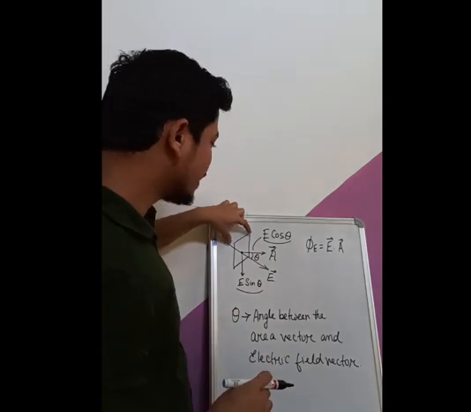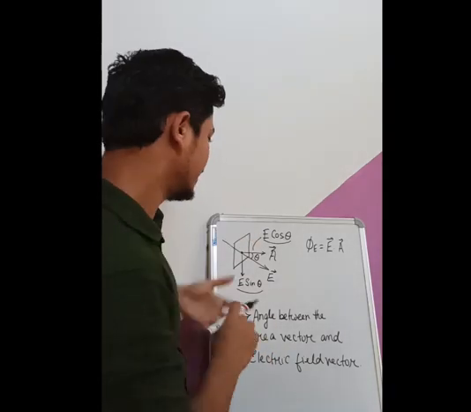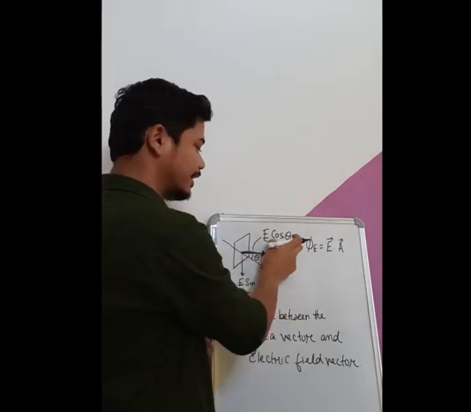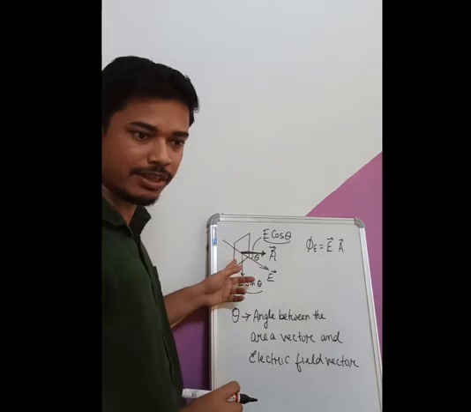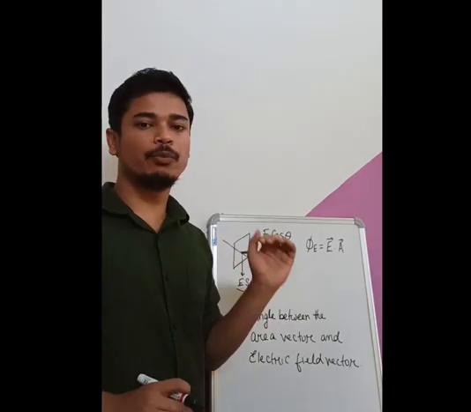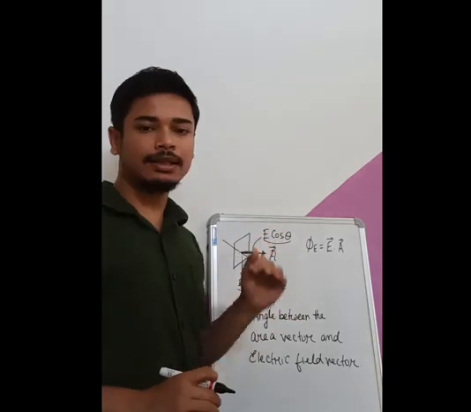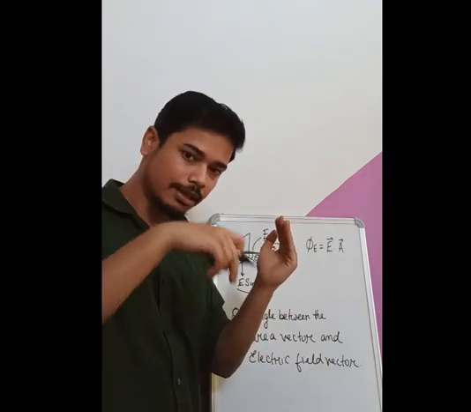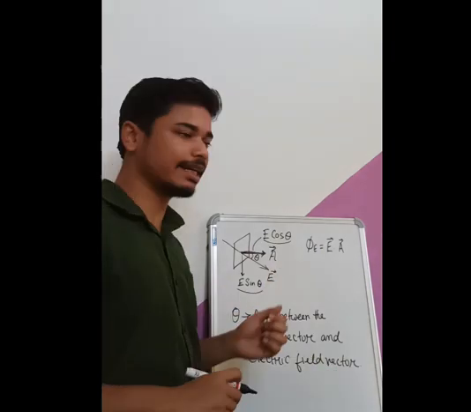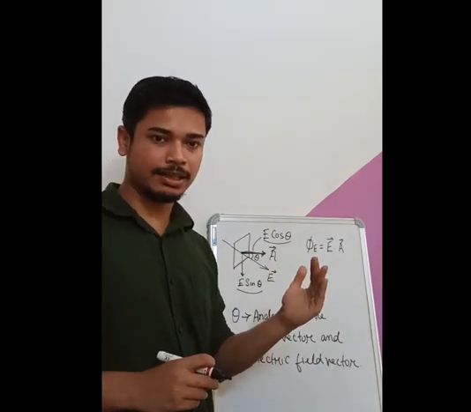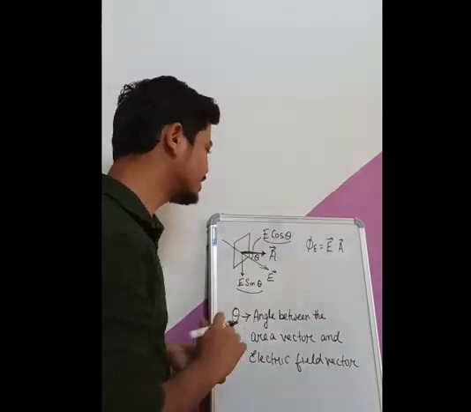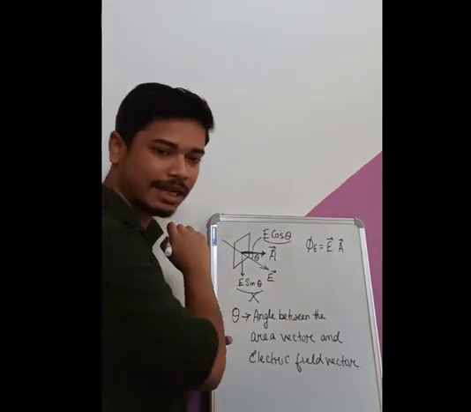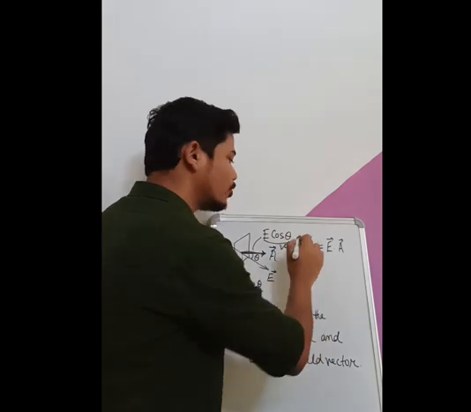Only this component of the electric field is perpendicular to the surface, because in electric flux we consider only the lines of force which are perpendicular to the surface, not those which are parallel to the surface. So the electric field perpendicular to the surface will be E cos theta. Here we don't consider the E sin theta component, we consider only the E cos theta component.